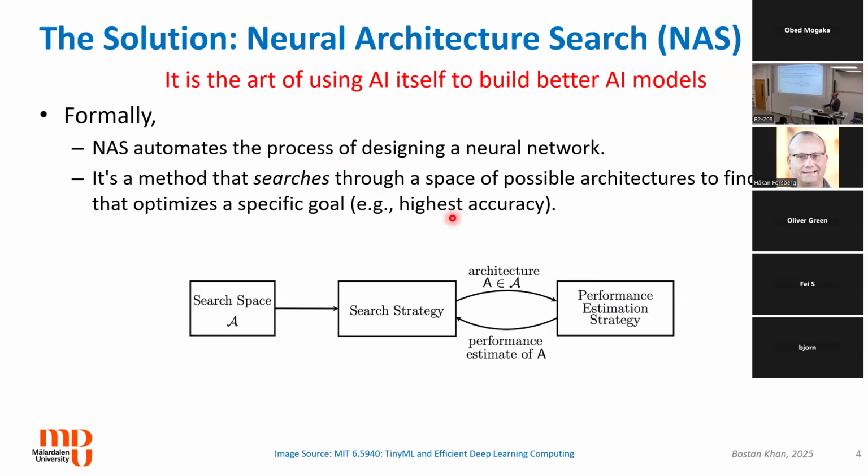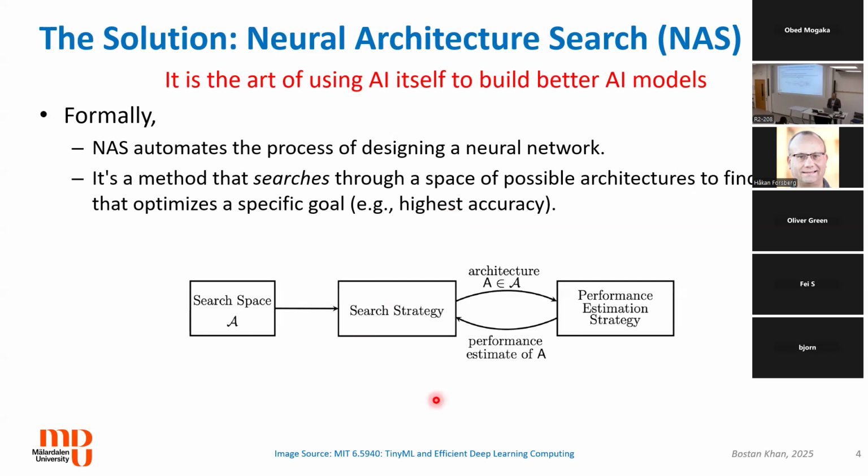This goal could vary depending upon the situation. If we want to reach the highest accuracy, we can do that. But in some places we are constrained by computation. We'll talk about FLOPs, multiply-accumulate equivalents, the number of parameters, or the memory storage that we have. In that case, we want to have those constraints as well as maximize the accuracy.